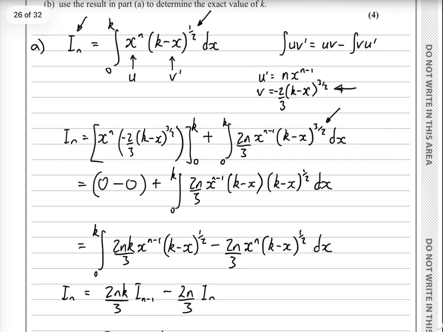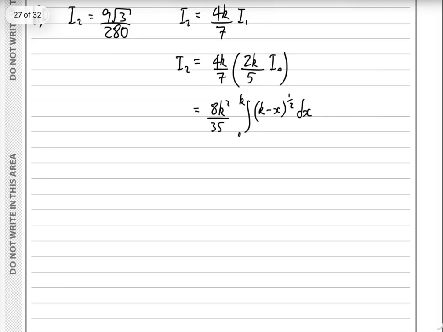So that's minus 2/3 k minus x to the 3 over 2 from 0 to k, and if you put a k in there, that is 0.